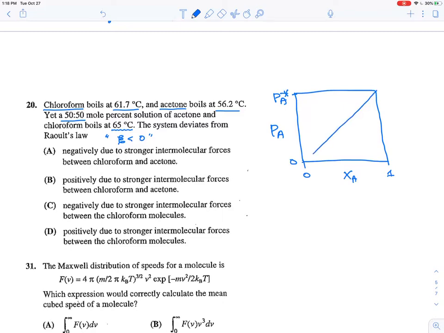And this is what is called Raoult's law, PA equals PA star XA, right? And in these two cases where you have a positive psi value, that means repulsive interactions.